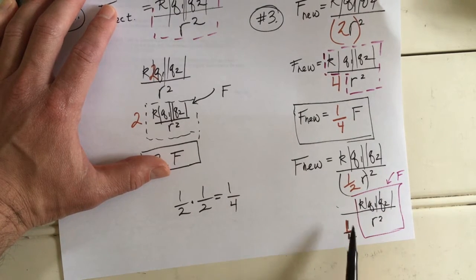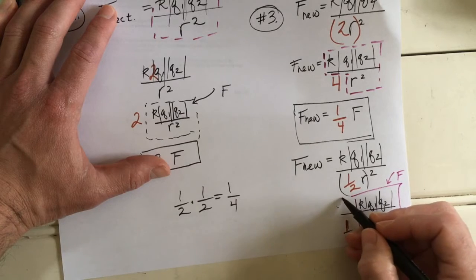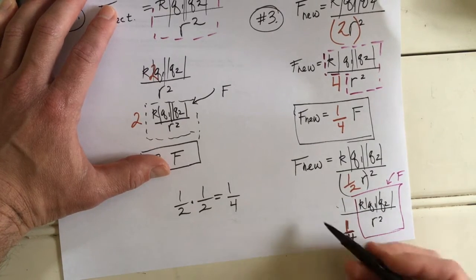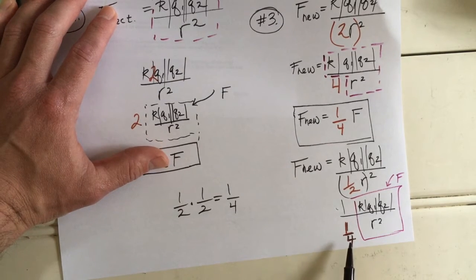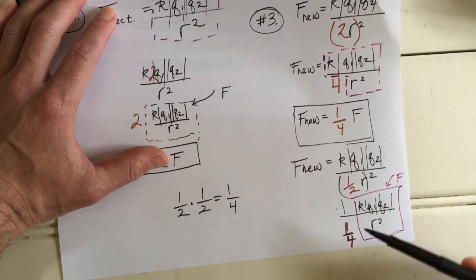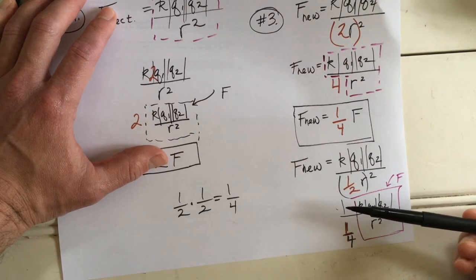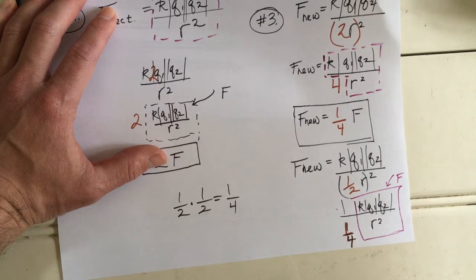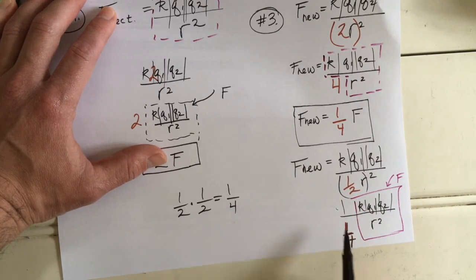So you can think of it as how many times does a 4th go into 1? That's one way to think of it. And you would say 4 times, so the answer would be 4F. The other way is you're going to take this 1/4 and multiply by the reciprocal, so you flip it upside down. The reciprocal of 1/4 is 4 over 1, so you multiply by 4 over 1. So this 4 gets to go up to the top, and this 1 gets to stay on the bottom.